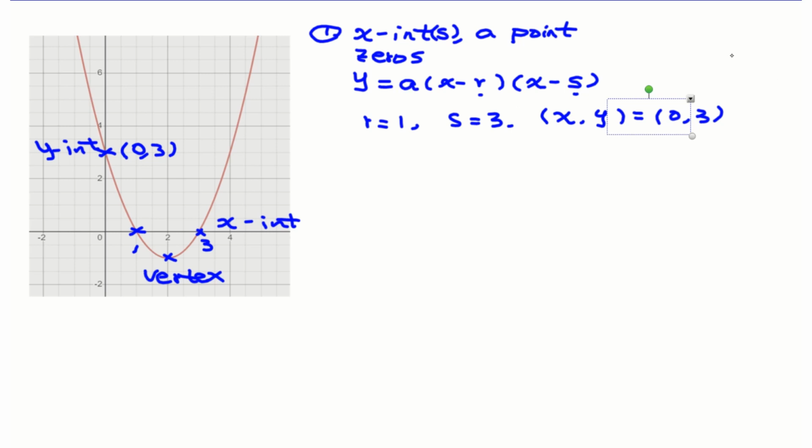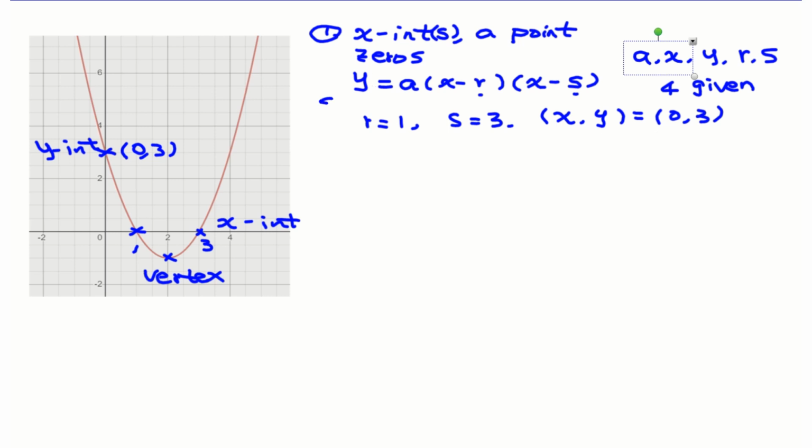In this equation, we have a, x, y, r, and s. We have 5 variables. In one equation with 5 variables, we are not able to solve it. We need to have only 1 variable left, so 4 need to be given. From the given information, we have r, s, x, y, so we have 4 given.